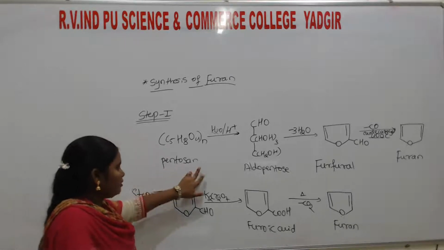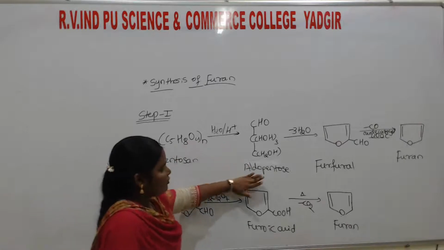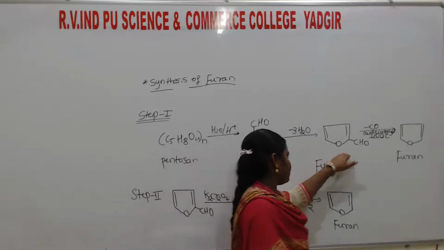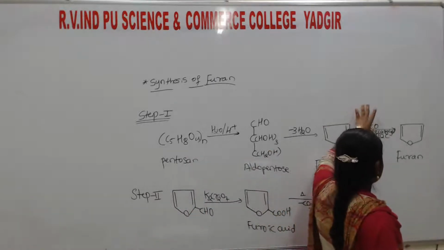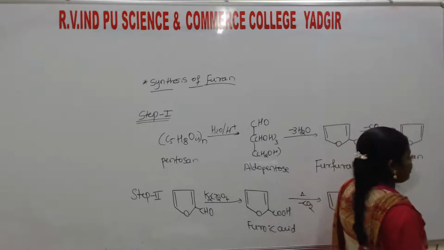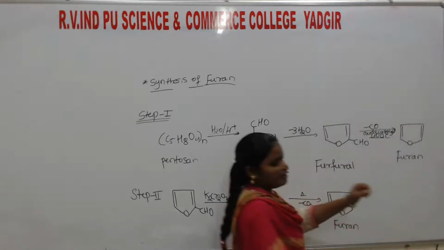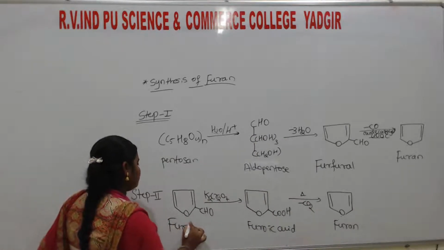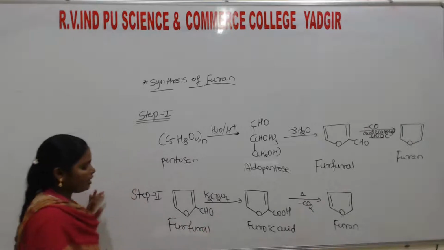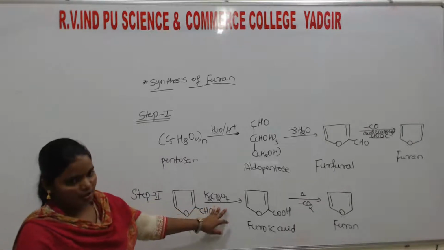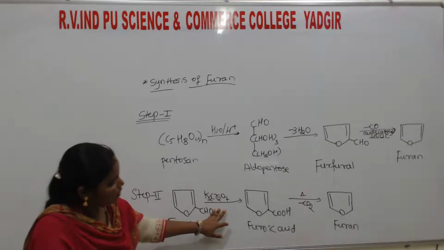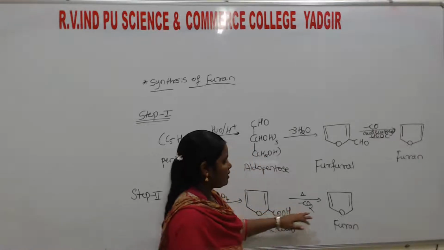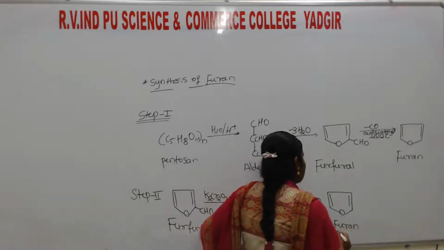Pentosan undergoes acid hydrolysis to form aldopentose, then it is hydrated to form furfural. Then furfural undergoes decarboxylation with an oxide catalyst at 400 degrees Celsius to form furan. Then in step 2, this furfural on oxidation with potassium dichromate gives furoic acid, and then it is heated and decarboxylated to form furan.